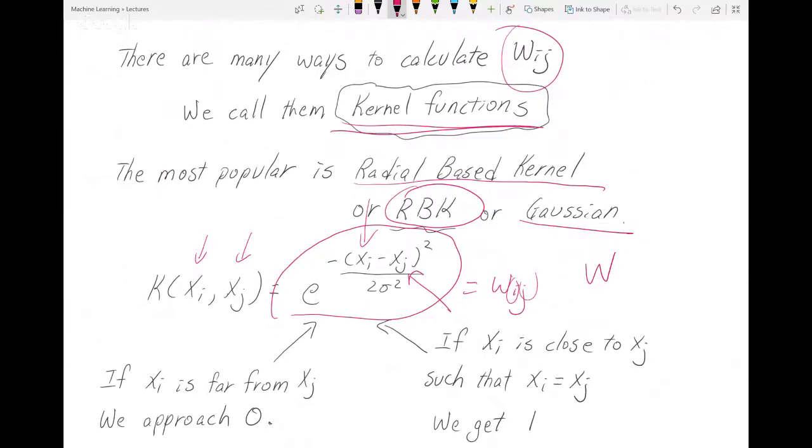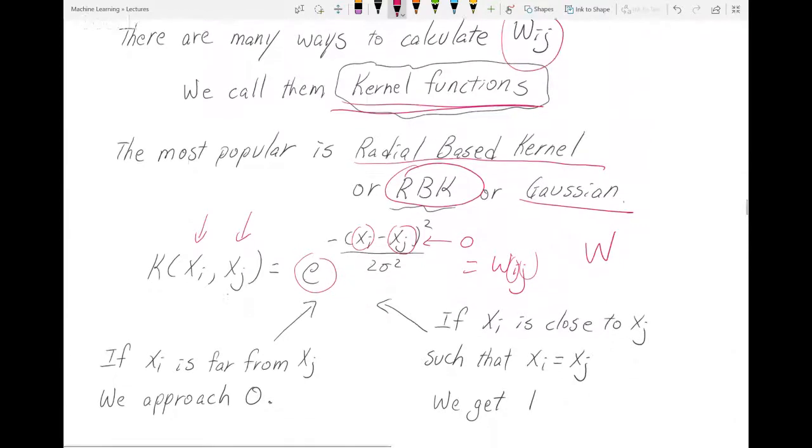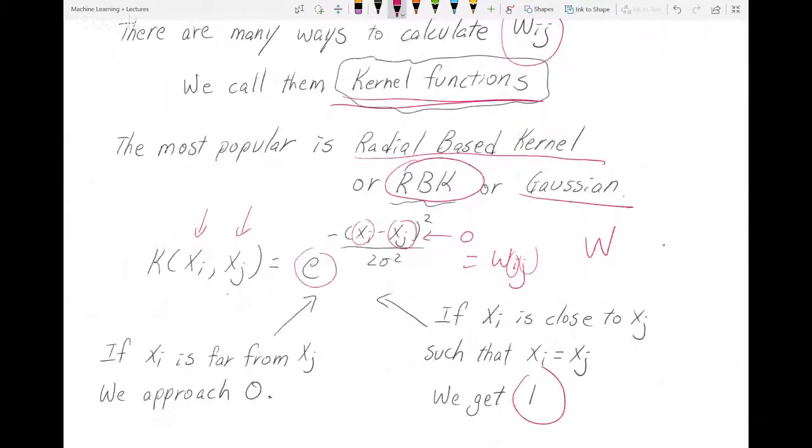Now, if xi and xj are so close they're equal to each other, this exponent will become 0, and this right here will become 1. So if two samples are equal to each other, I mean, you can't get more similar than that, right? And you will get a large number.